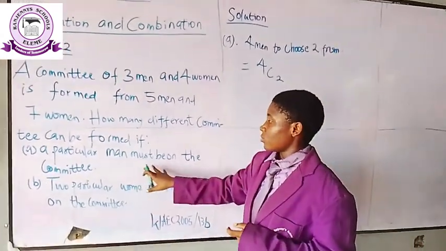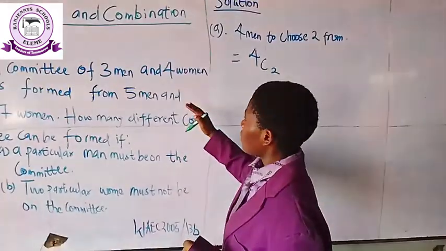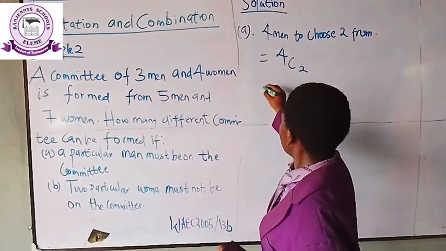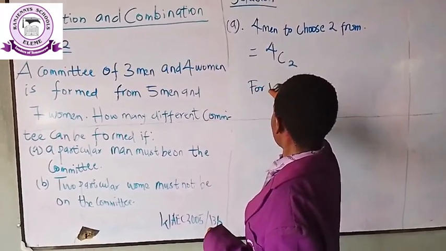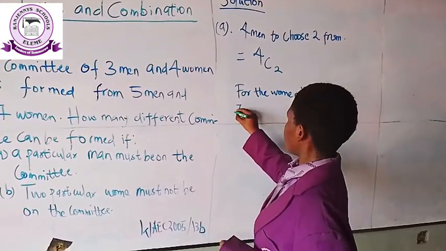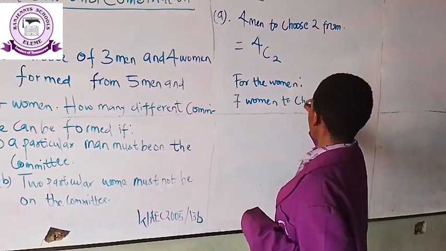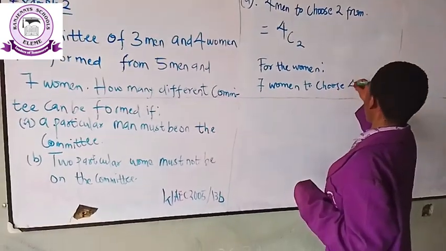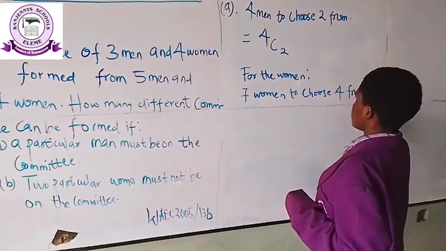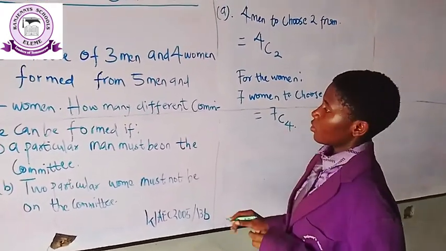They don't say anything about the women here, so there are no restrictions on the women. For the women, 7 women to choose 4, so it will be 7 combination 4.